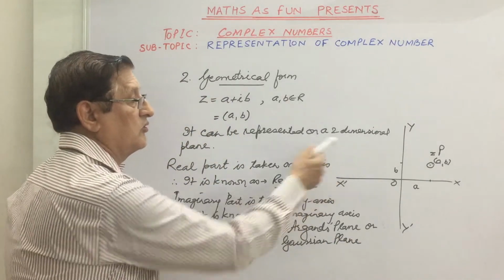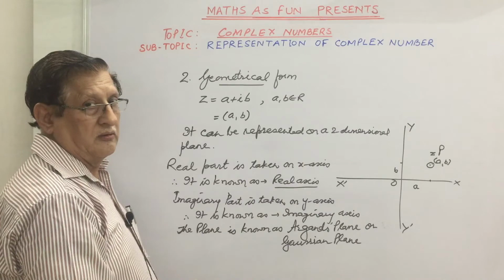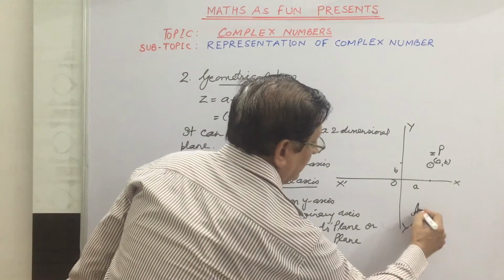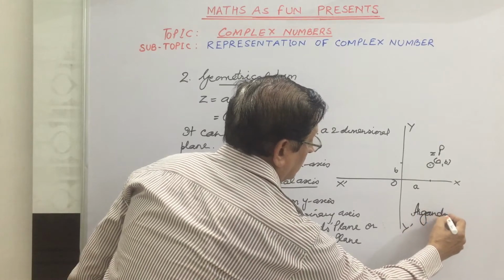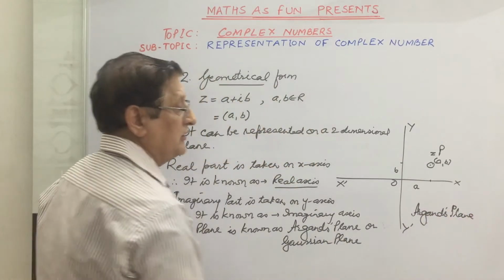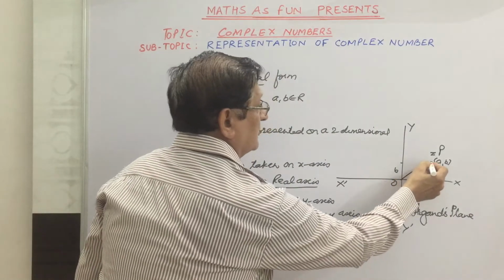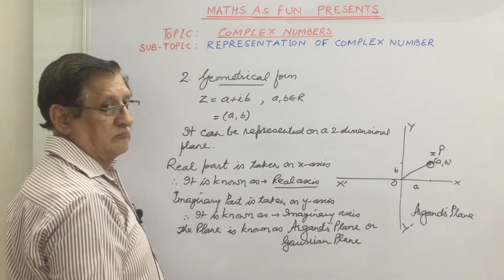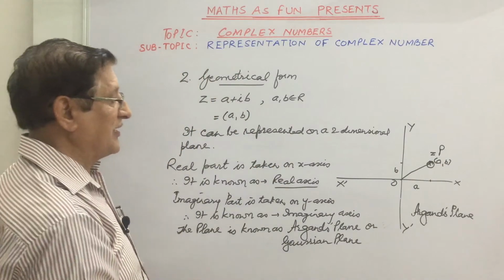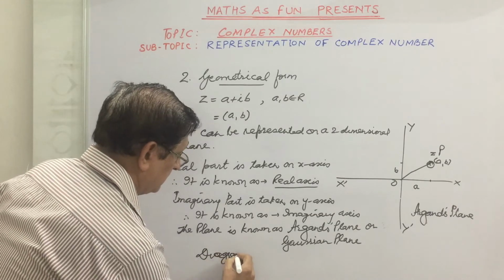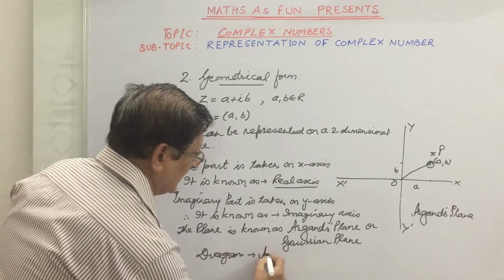When we represent a complex number on this plane, that is Argand's plane, then the diagram, suppose we join this O to P, then this diagram is known as Argand's diagram.